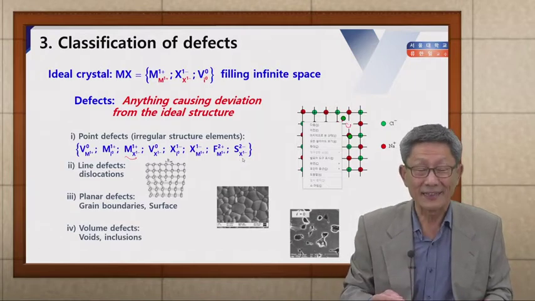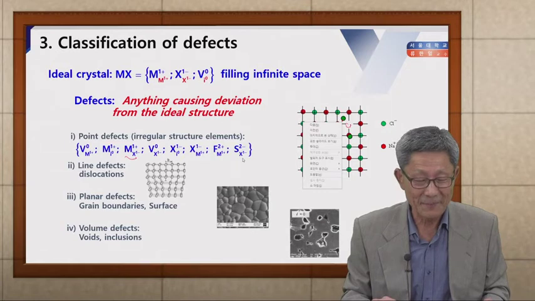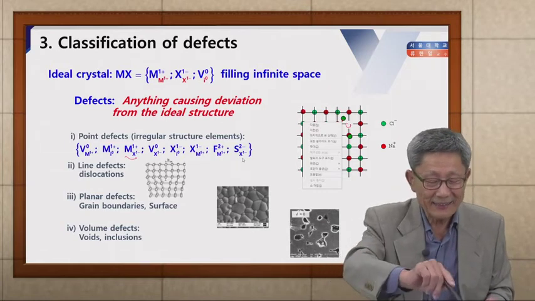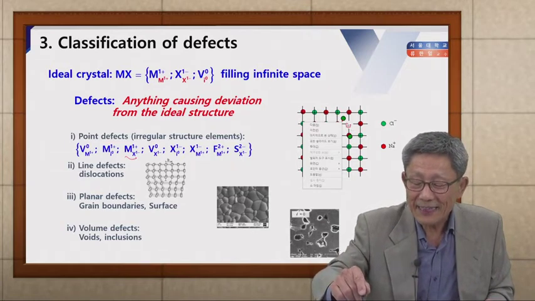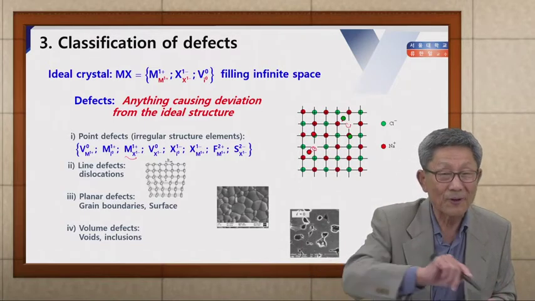What else? Oh yes, there are impurities on the interstitial sites, which also make a defect. As I said earlier, they take place on the lattice point, so those are called point defects.